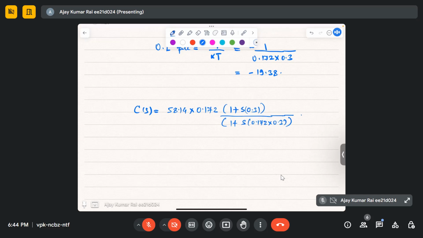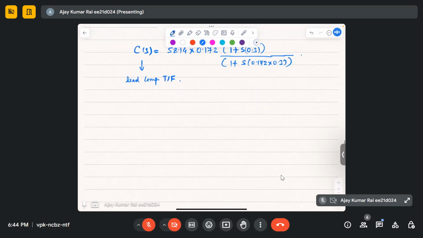This is the lead compensator transfer function. We'll be using this in the next question.